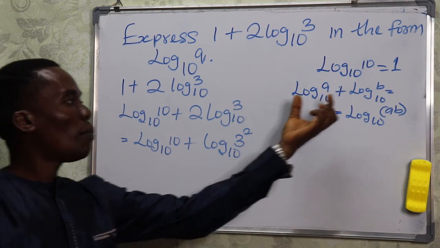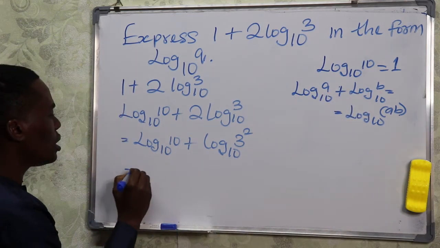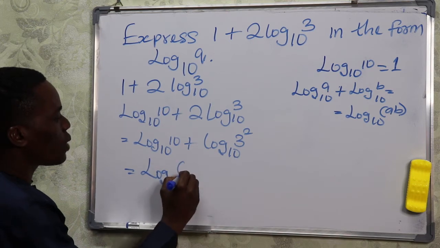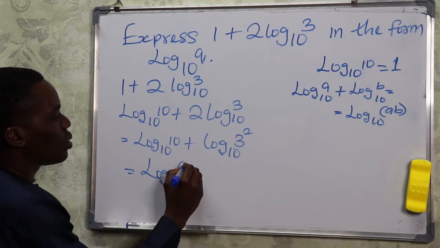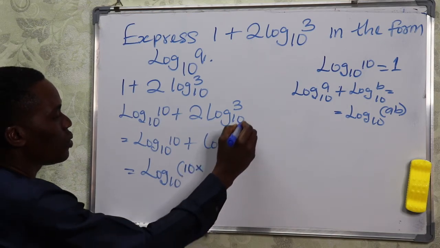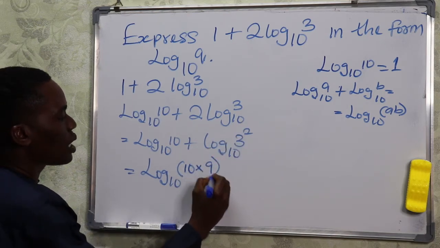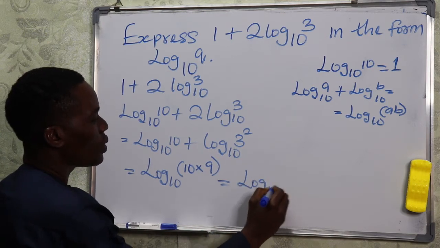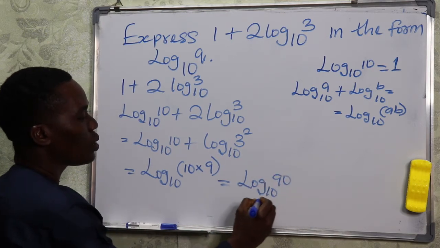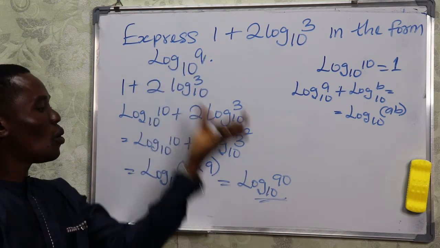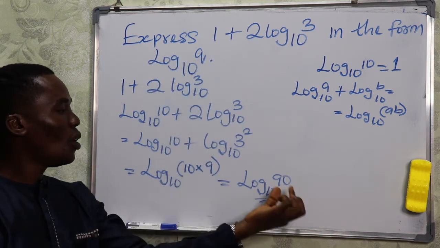Now if we apply this rule here, you're going to see now that we will have a log of 10 times 3 raised to power 2, which is 9. So this will give us log of 90 base 10. And this will make this to be equal to this, because our q now will be equal to 90.